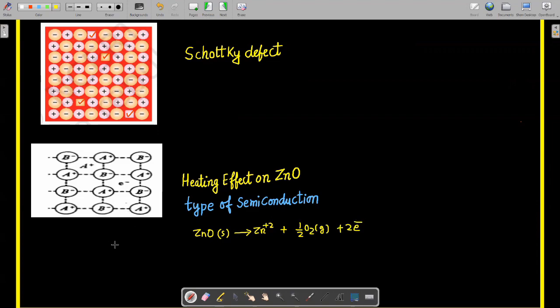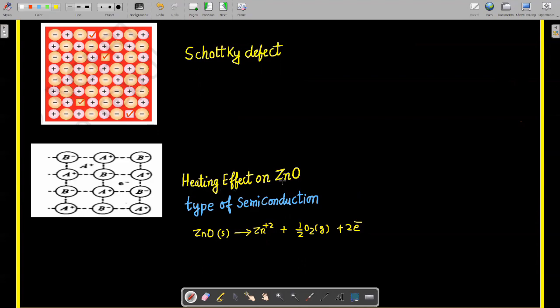Some of the oxide ions will leave this crystal and go outside in the form of oxygen gas, and the Zn2+ ions will enter into this crystal. When oxygen is moving outside, it will leave some electrons. Here A is Zn2+ and B is oxide ion, and the same type of phenomenon is happening.